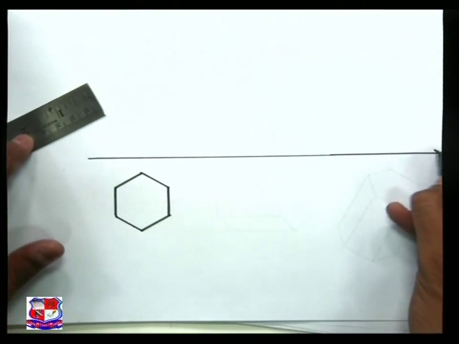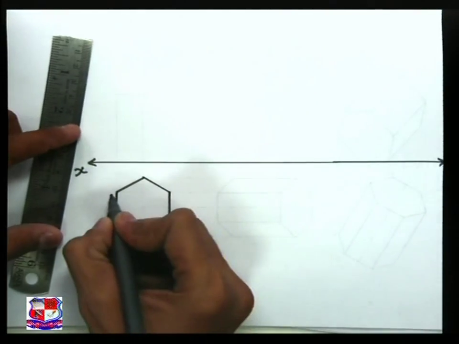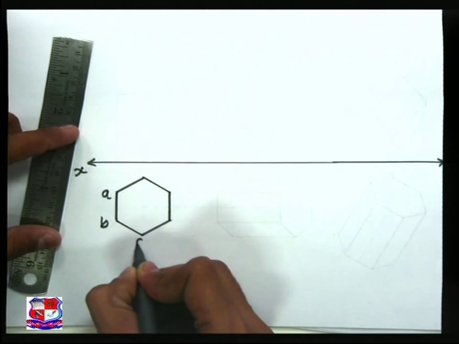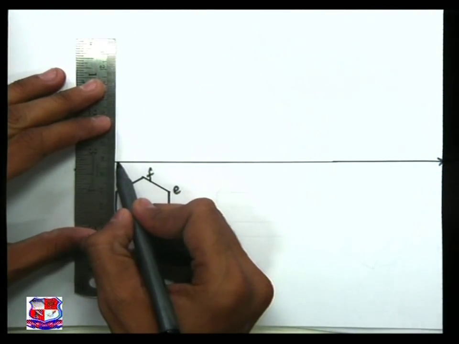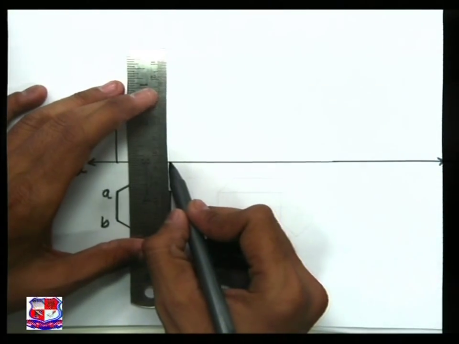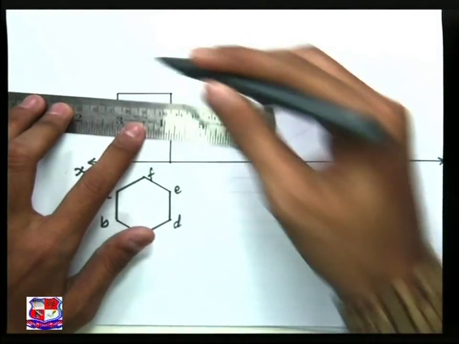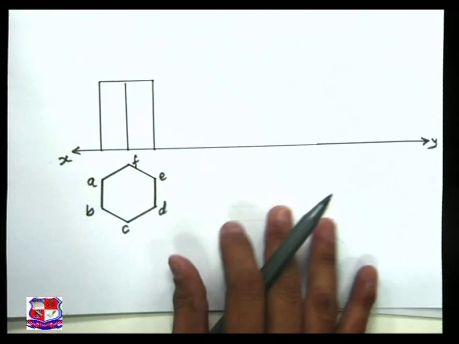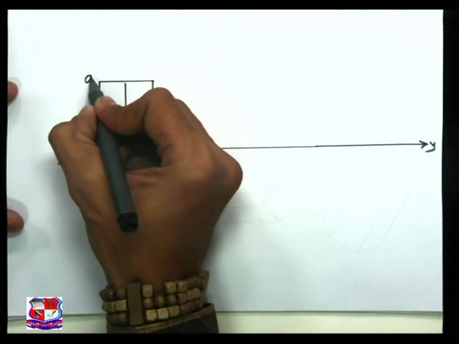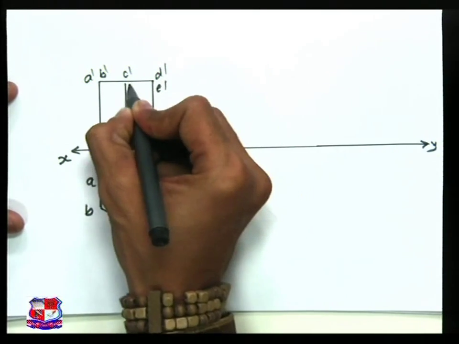This is the XY line, and name the endpoints A, B, C, D, E and F as it's a top view. Dash should not be there, and this is the front view, and name the endpoints A dash, B dash, C dash, D dash, E dash and F dash.